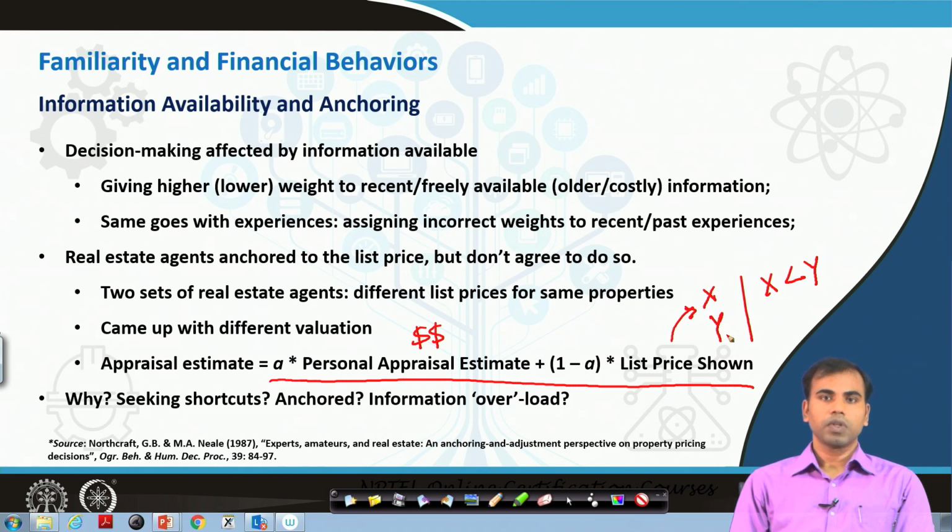Similarly, if you are given the task to assign the value of a particular commodity or product, let us say a coffee mug, and you were told that this coffee mug is available in the market for 50 rupees, your decision to assign the value to that coffee mug will be influenced by that information, and you would probably give a valuation which is some sort of function of that 50 rupee market price.